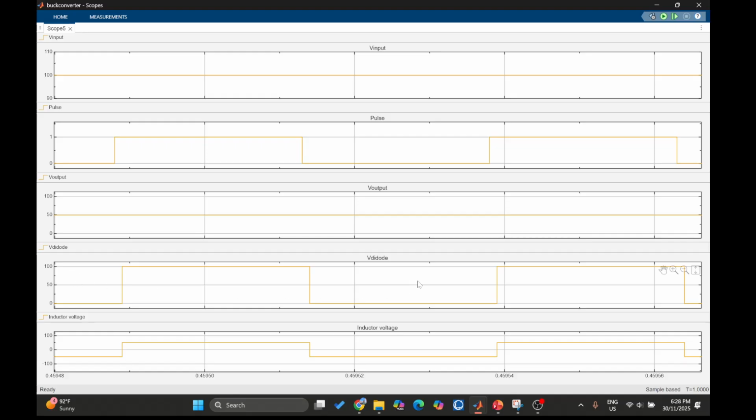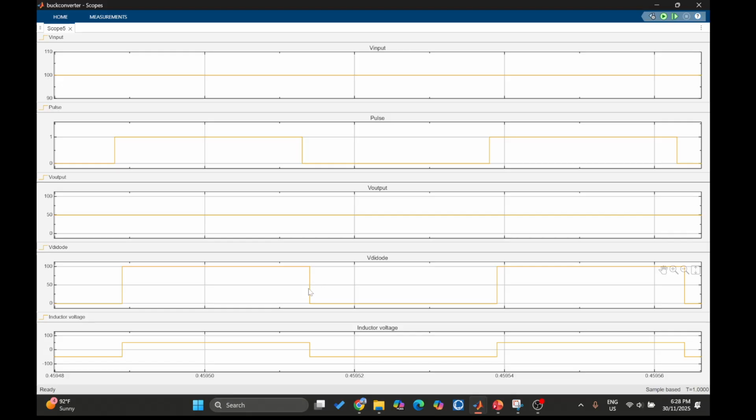The diode voltage here, when the switch is on, jumps to 100 at the switching node, so the diode is off.